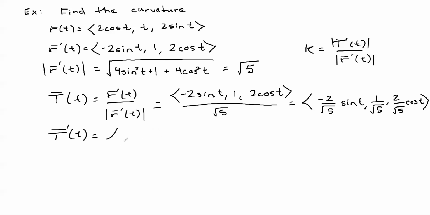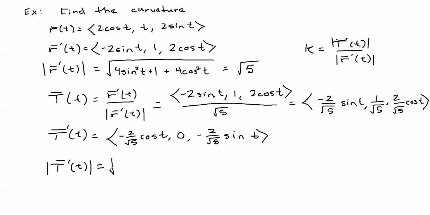And so if we do that, we're going to have negative 2 over root 5 cosine t. The derivative of 1 over root 5 will be 0. And the derivative of 2 over root 5 is going to be negative 2 over root 5 sine t. And then finally, we need the length of t prime.